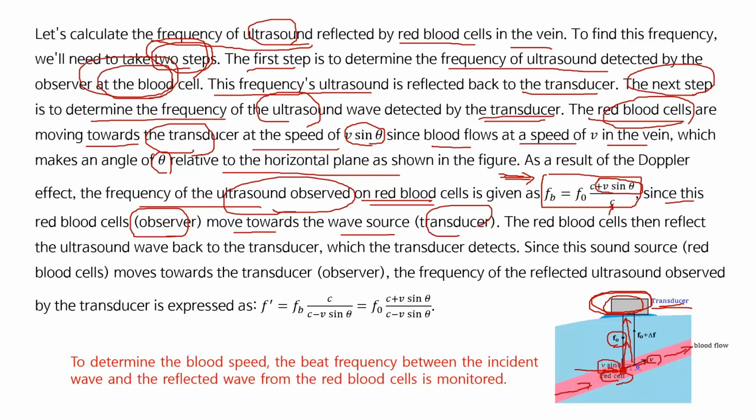Okay, so the red blood cell then reflects the sound waves back to the transducer, which the transducer detects. Since this sound source, in this case the red blood cell, reflects sound waves to the transducer, it behaves as a source now, and the detector, the transducer, is stationary, but in this case the source is moving toward the transducer observer.